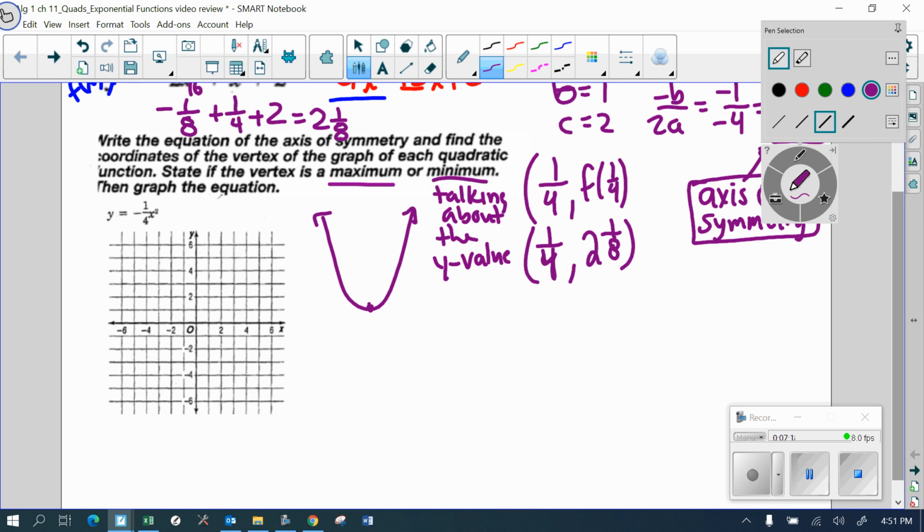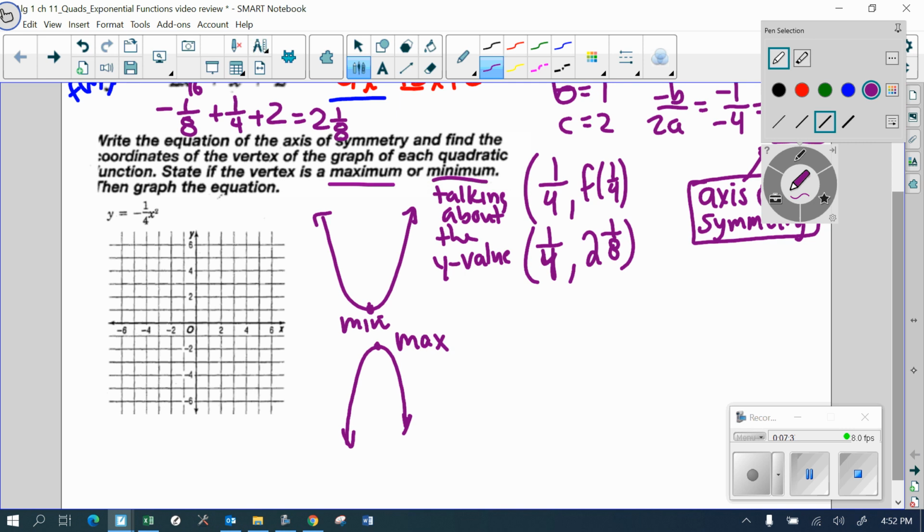Is this y value here the lowest y value on the curve or the greatest? It's the lowest, so it's called a minimum. Versus if I have a parabola that opens down, this y value right here is the highest one, so that's called a maximum. That's what that refers to.